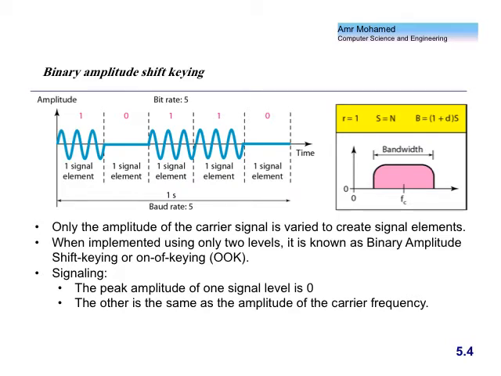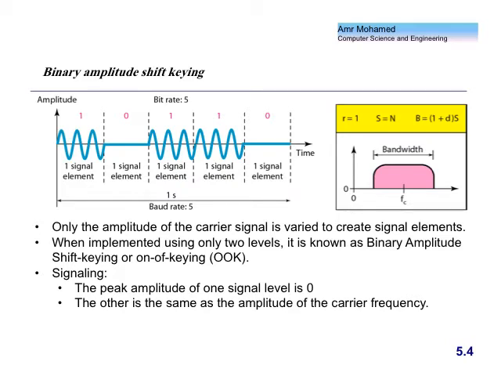So what is the signal rate here? If I have 1, 0, 1, 0, and so on, then again the same equation applies. What is the value of r here? I'm interpreting each one bit as one signal element.